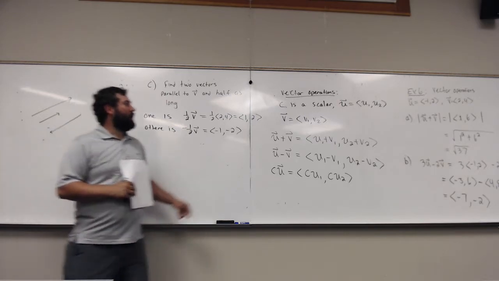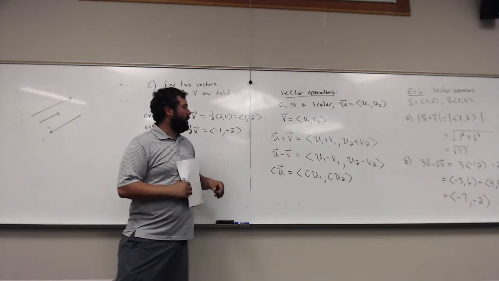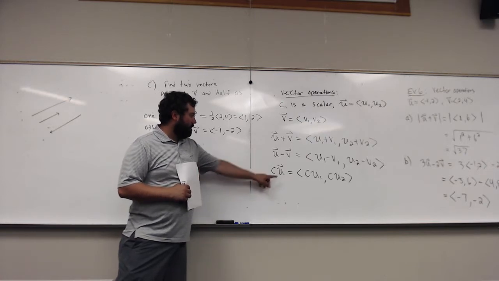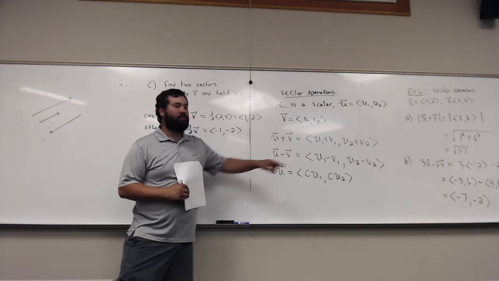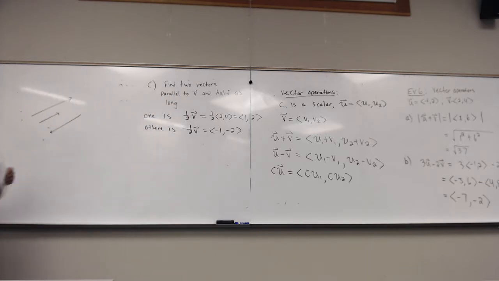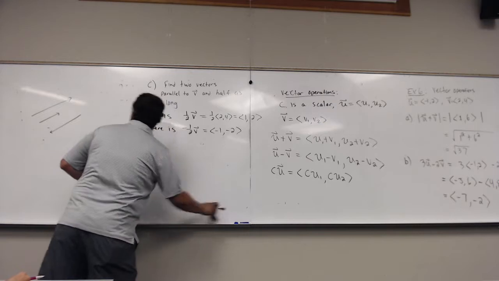And then finally we talked about the operations component-wise. We can add vectors component-wise, subtract vectors component-wise. Multiplying a vector by a scalar is just multiplying each of the components by that scalar. Okay. So now we have essentially almost all of the operations. There's one more vector operation we're going to learn about, which is called the dot product. I might have to start that tomorrow, depending on how long this next example takes.